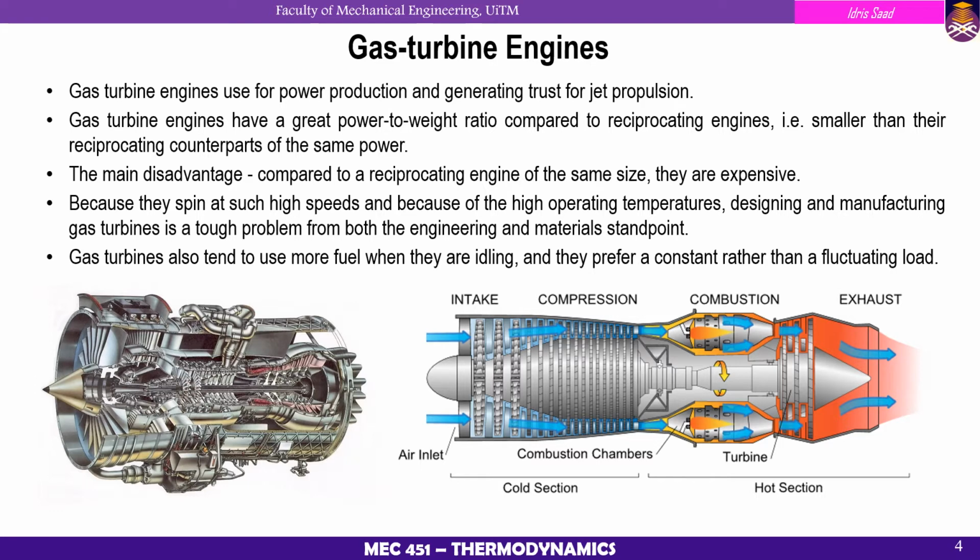What is meant here is, if the reciprocating engine, either the petrol or diesel engine that we learned in chapter 5, is designed to produce, let's say, 100 kilowatts of power, the size of the petrol or diesel engine is much bigger and heavier than the gas turbine engine designed to produce a similar power output.